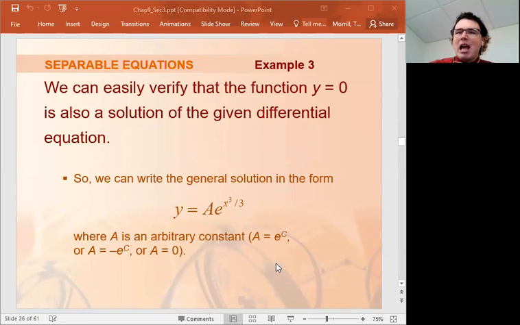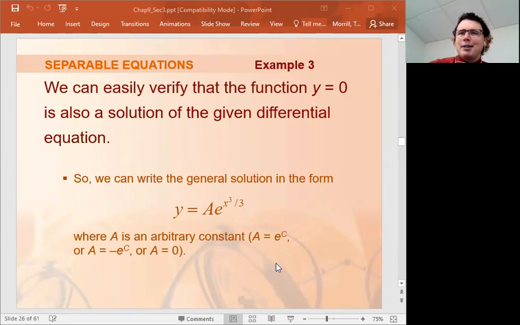So maybe my constant is e to the power c. Maybe my constant is minus e to the power c, but those are still numbers that I'd have to solve for.